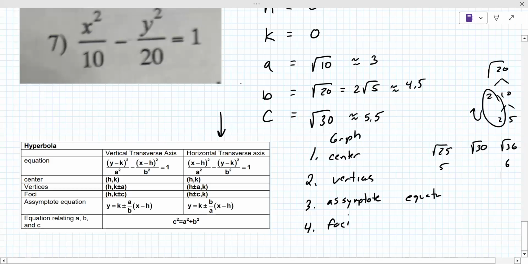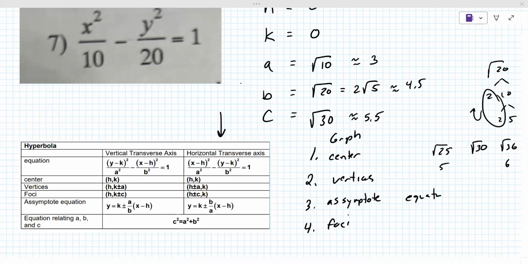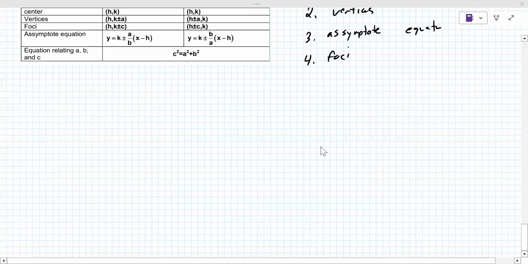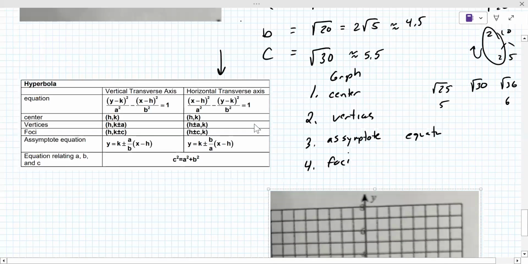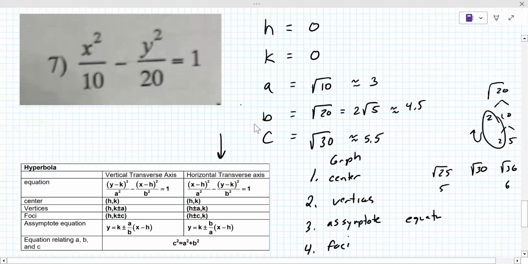All right, so let's graph this. We'll start with the center. The center is at H, K, which is 0, 0.